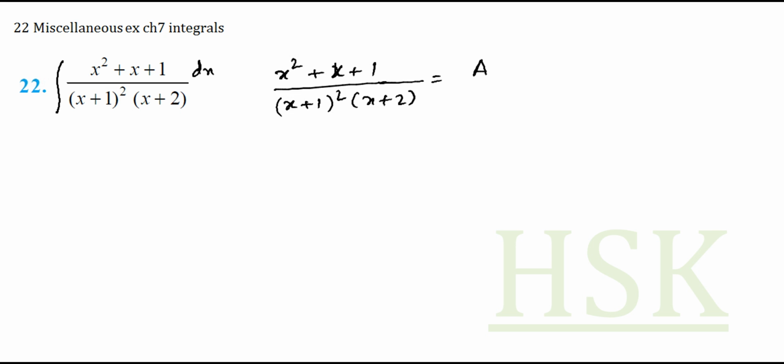(x square plus x plus 1) upon (x plus 1) whole square into (x plus 2) will be equal to a upon (x plus 1) plus b upon (x plus 1) whole square plus c upon (x plus 2).